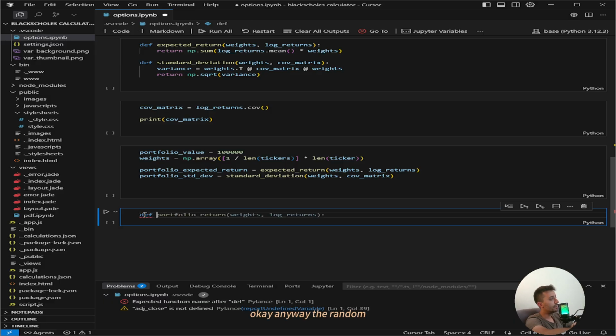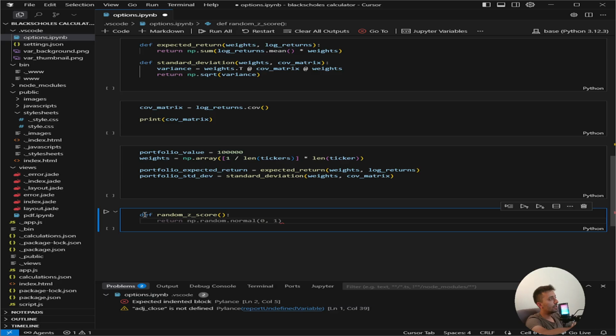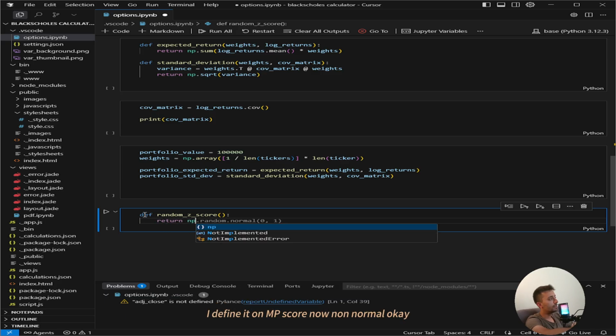Okay, def random z-score with mean and standard deviation, normal. I defined it as np.random.normal. Zero mean is the mean, this is expected return.